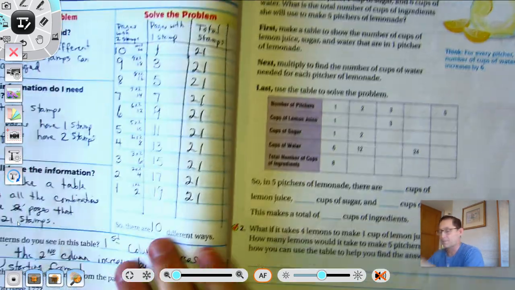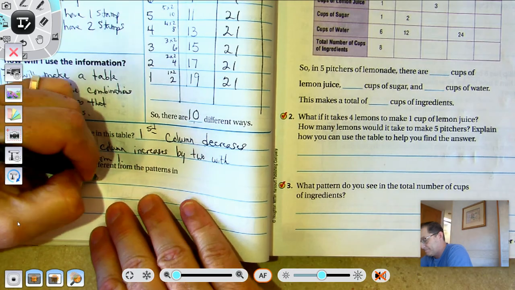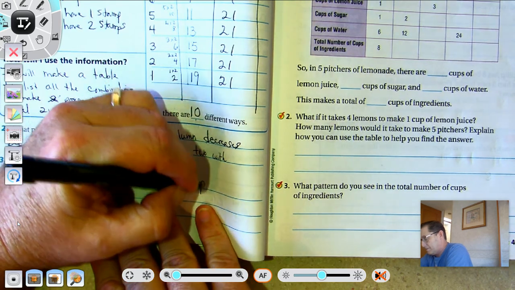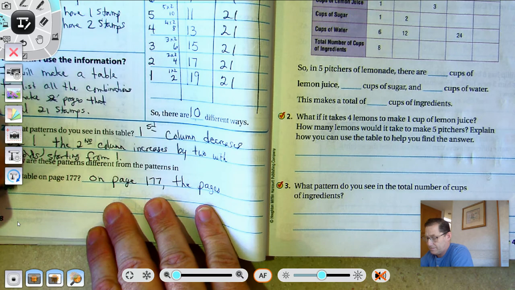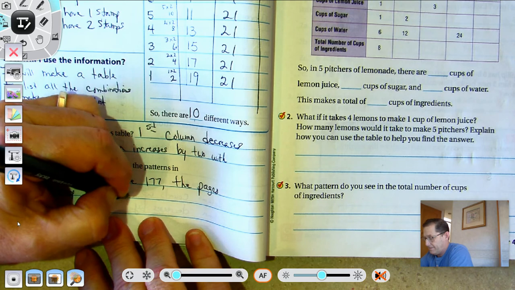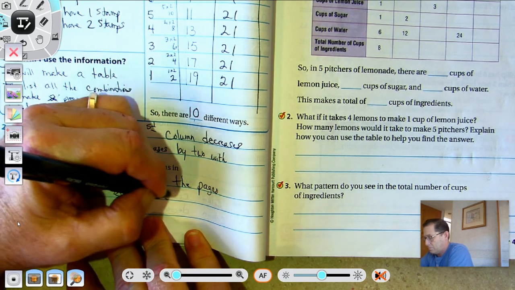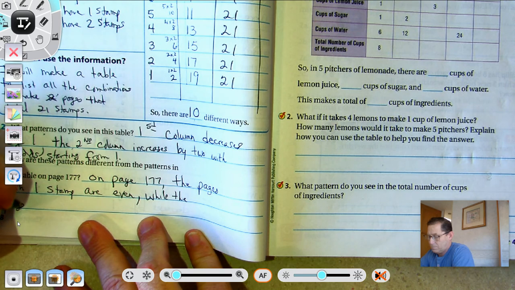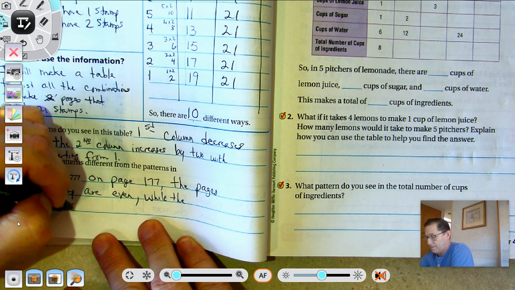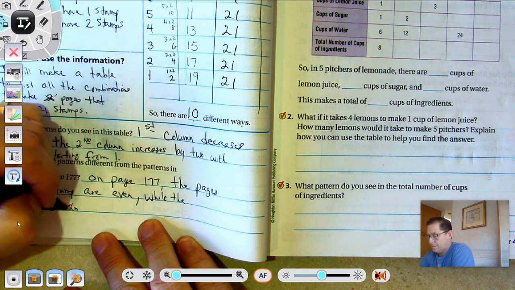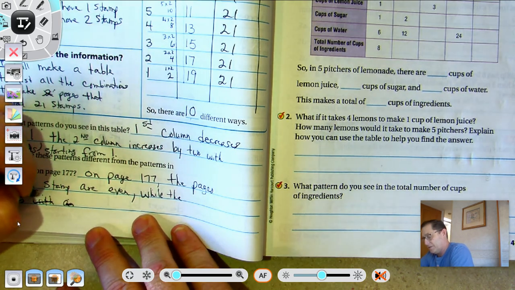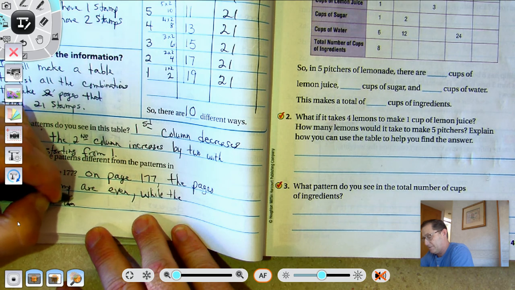Okay, so on page 177, pages with 1 stamp are even.